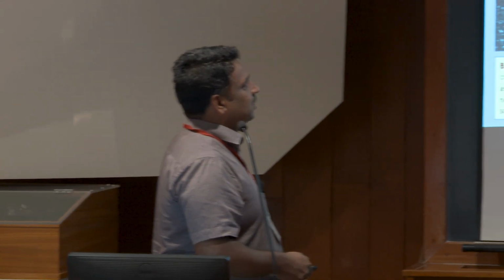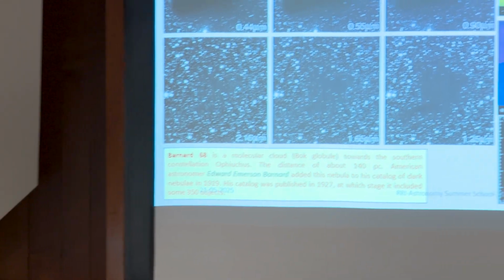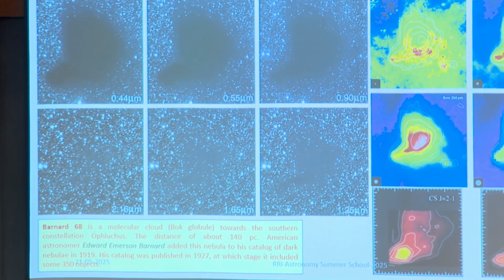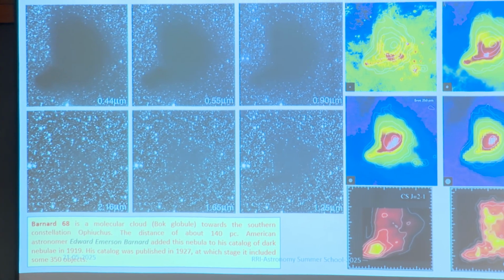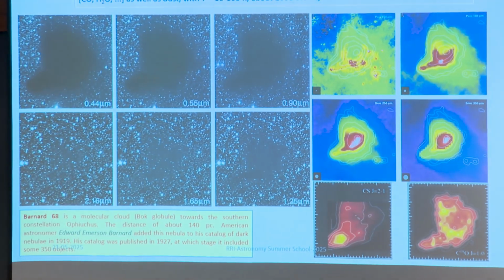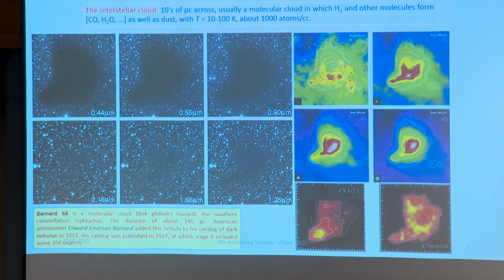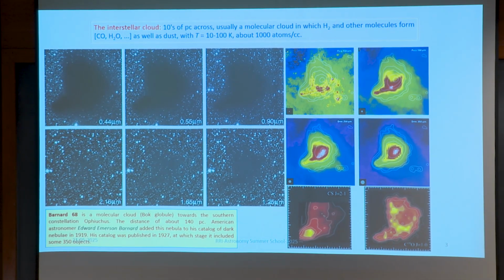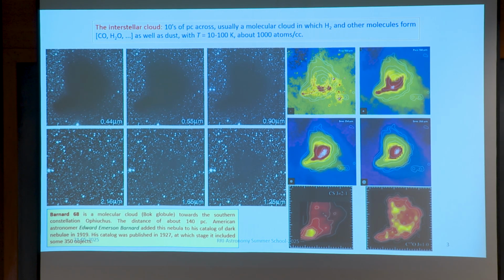We'll see that. The best example is called Barnard 68, also called the kidney shaped cloud because its shape is of a kidney, right? If you look at 0.4 micron, in the bluer region of your wavelength, you see it as a dark thing.